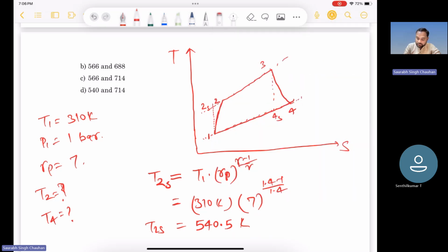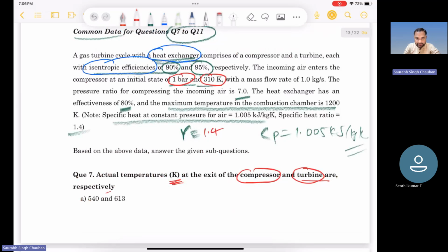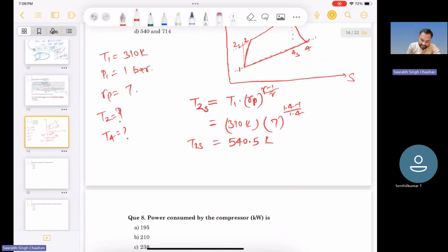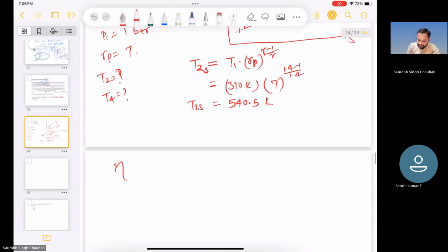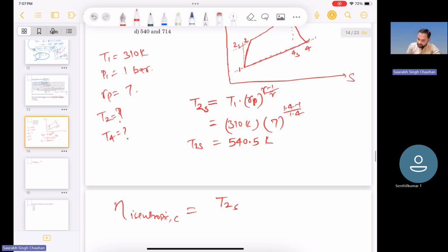But in the question, it is given that it is not an ideal case because isentropic efficiency is given. So there are some irreversibilities, right? And the isentropic efficiency of compressor you can write as T2S minus T1 divided by T2 minus T1, right?